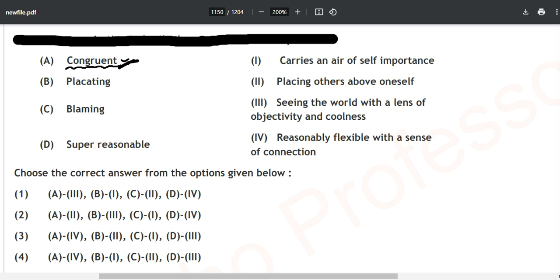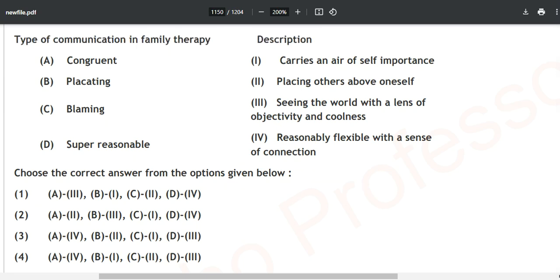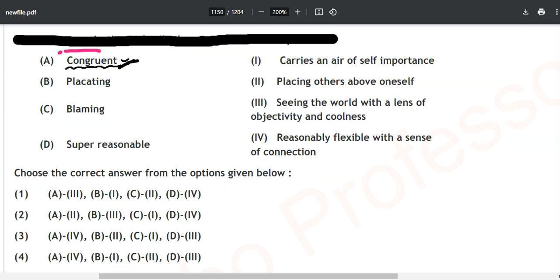It is somewhat about handling the relationship with the client, sorry, not patient, and things like that. So I hope you know the meaning of congruent. And one more thing, real self and ideal self. At least you would have studied this, and if not, refer to NCERT, you will find this over there.